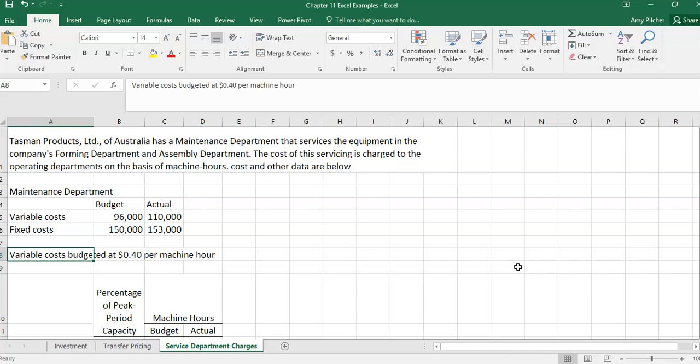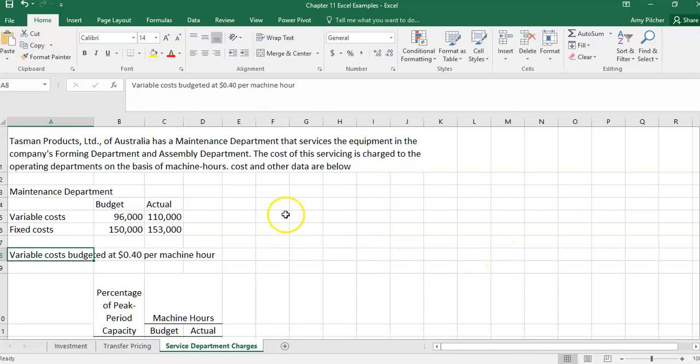Departments like human resources, accounting, information technology services, maintenance, janitorial services, etc. So we allocate those onto the units that are producing and selling goods to really understand the cost of operating a business as a whole.